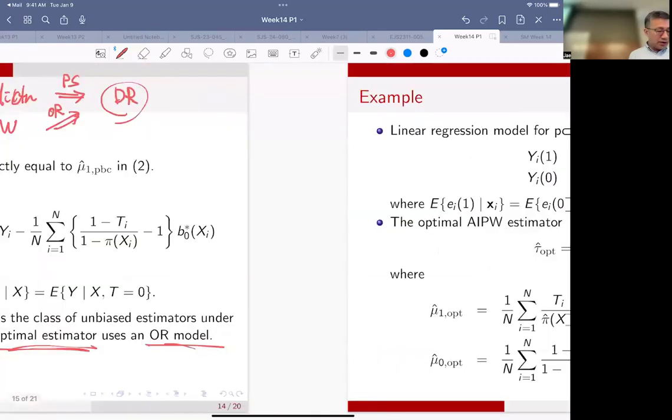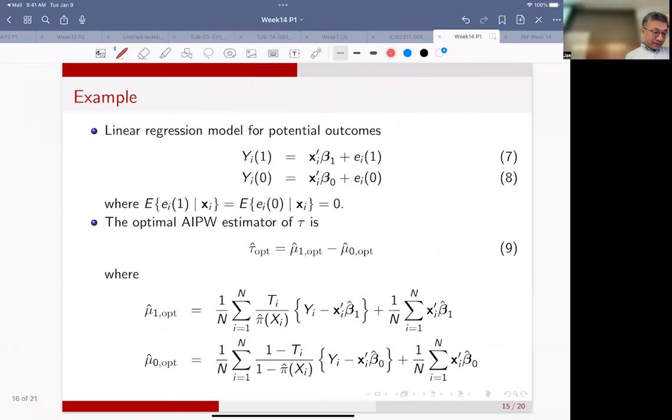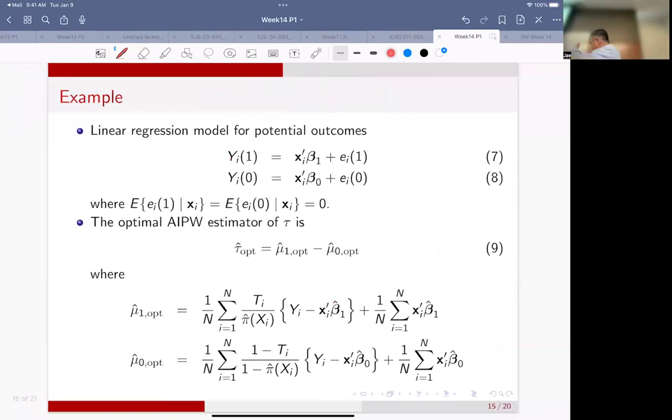Okay, so now I'm going to move on to the example: the linear potential outcome model. We have two linear regression models for y1 and y0, and the error terms could be correlated with each other, but that doesn't make any difference. And then what we just developed is this kind of estimator, right?